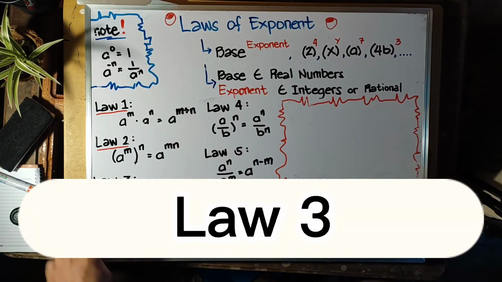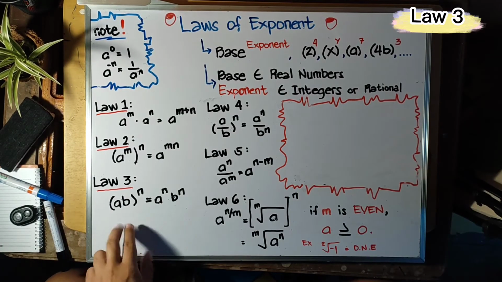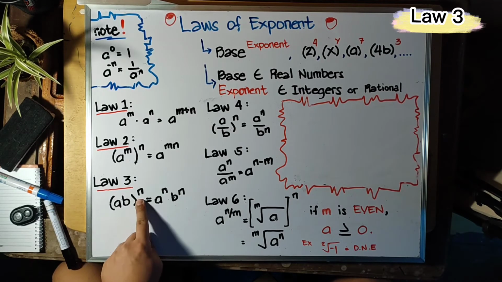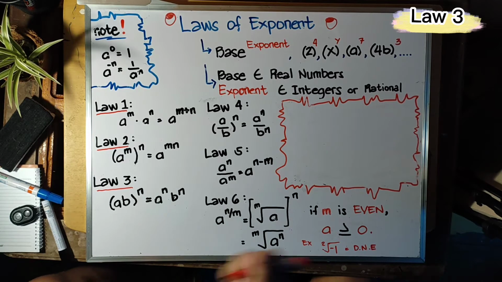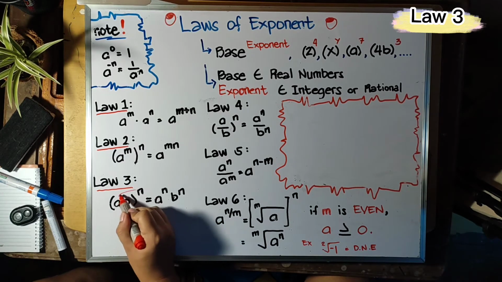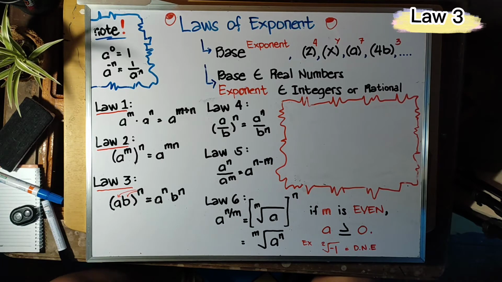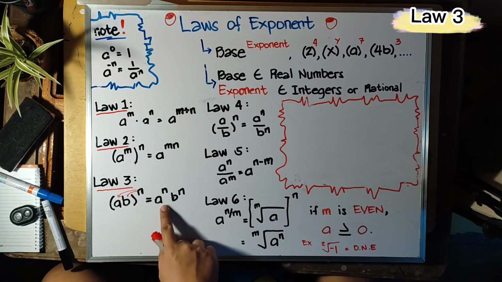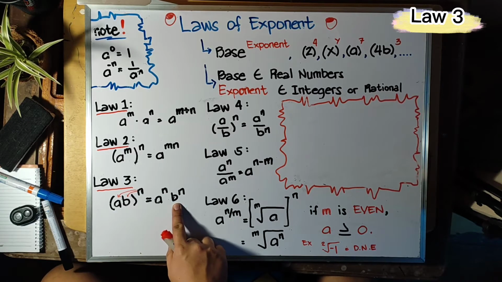Now, law number 3. Sa law number 3, dalawang magkaibang base raised to the same exponent. All you have to do is distribute this exponent to each base. So, ang lalabas, a raised to n times b raised to n.